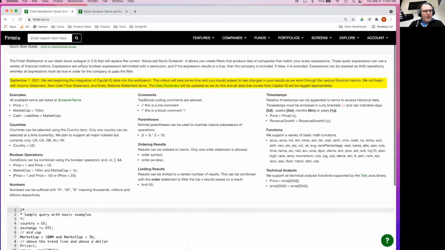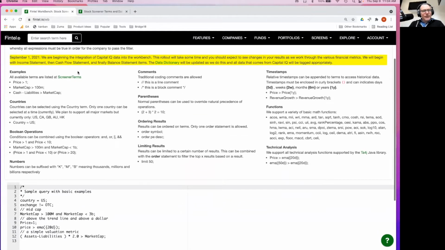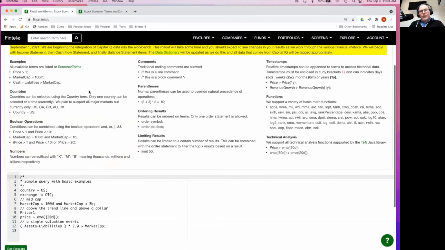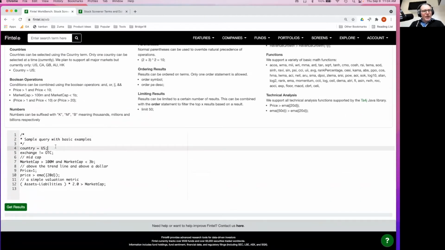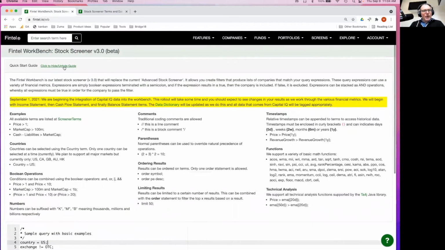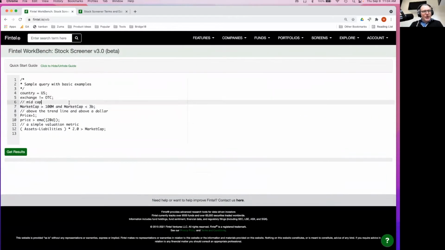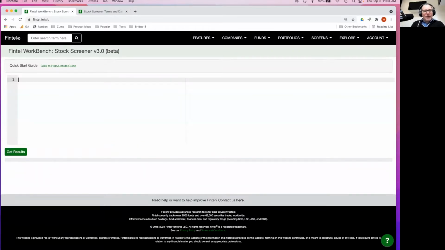Like I said, the basic terms and ideas are here, but I'm going to walk you through some examples, and you'll be able to see how it works. So I'm going to hide this first, and start with a clean slate. I'm going to delete this. Obviously you can put comments in here, whatever.